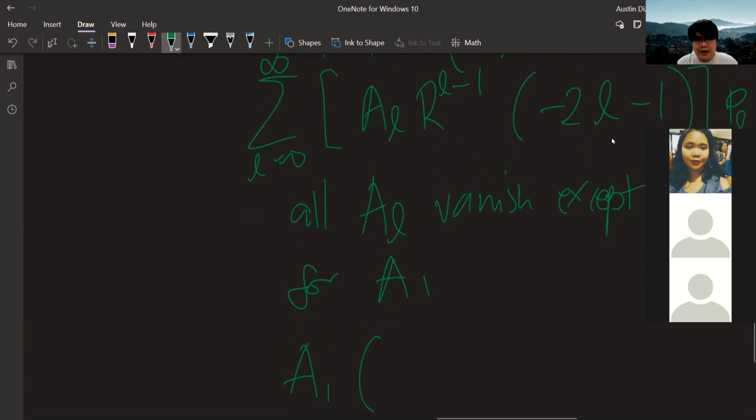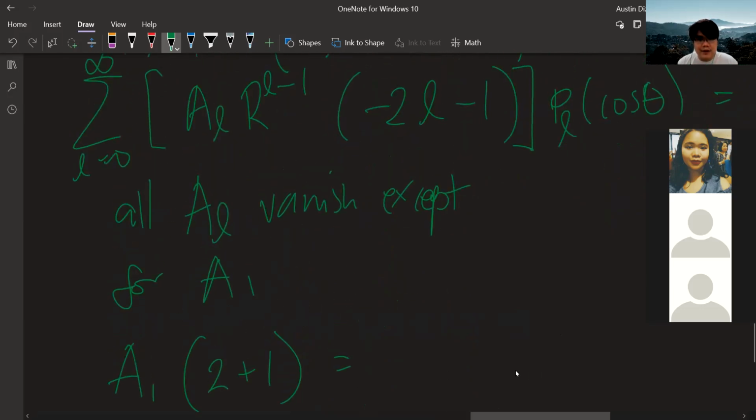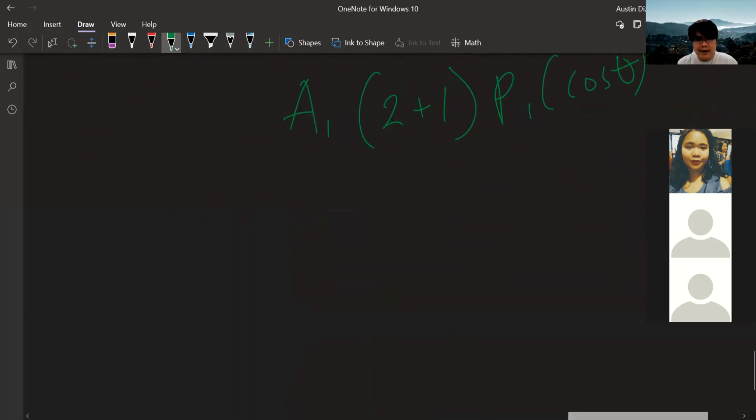Then, plug in 1 here. I have 2 plus 1, and that's, cancel na natin yung negative sign. P1 cosine theta. Okay, systematically.